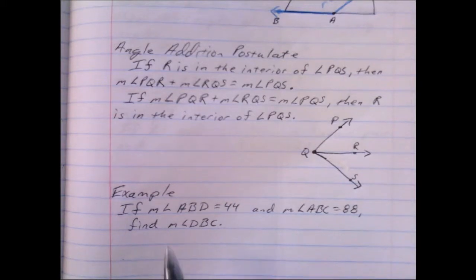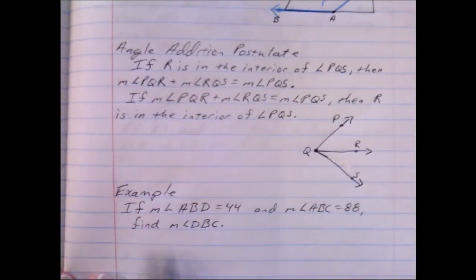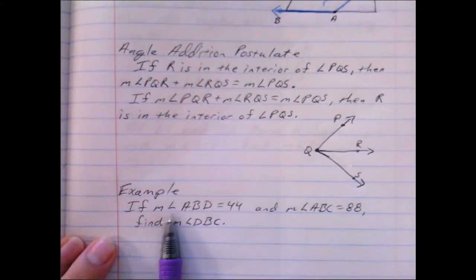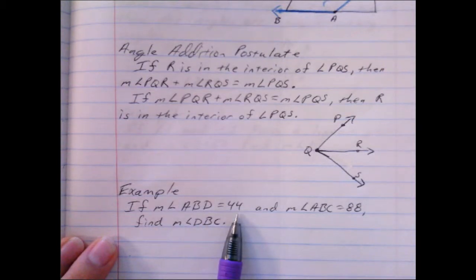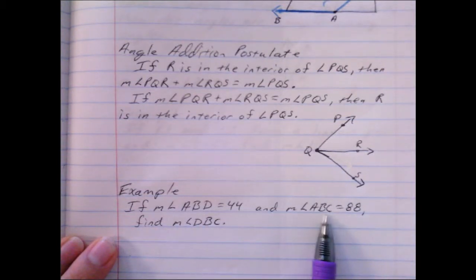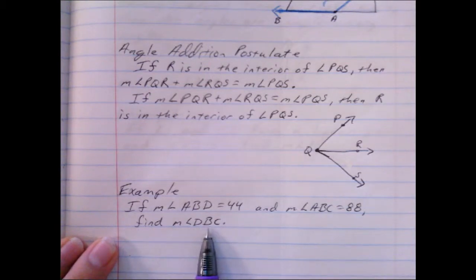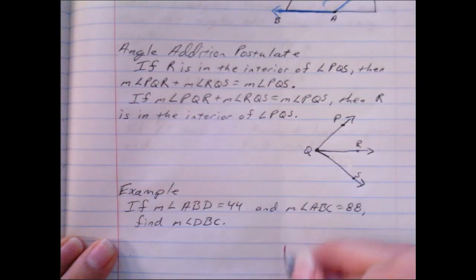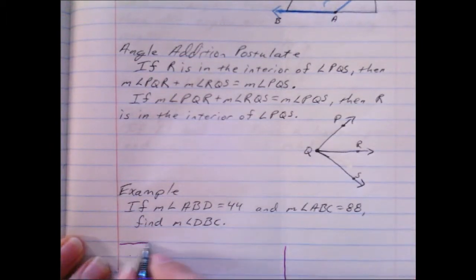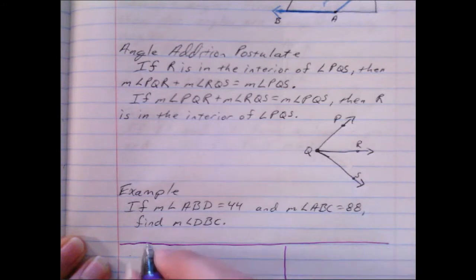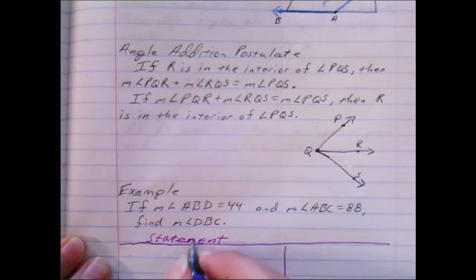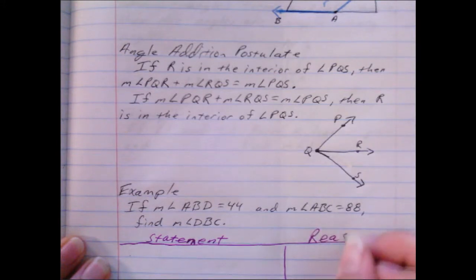Okay, so then we have an example here. If the measure of angle ABD equals 44 and the measure of angle ABC equals 88, we're going to find the measure of angle DBC. Okay, so how do we do that? We can use a two-column proof, with our statement and our reason.